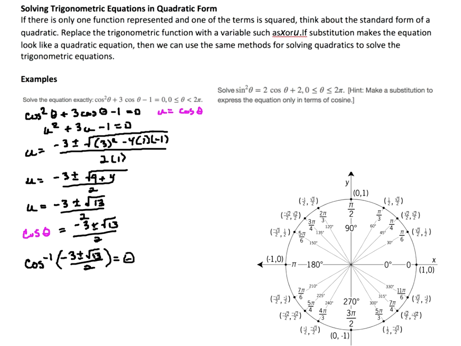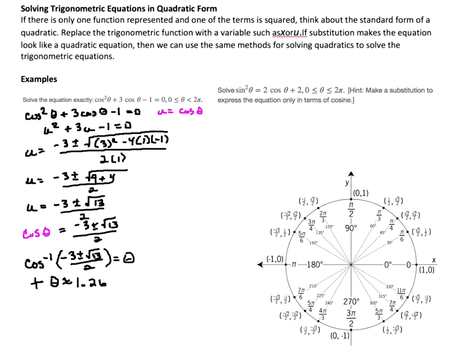Okay? So here's where it gets a little tricky to think about. When we put arc cosine of -3 plus square root 13 over 2 into our calculator, so this is for the plus one, we get that theta is approximately 1.26.